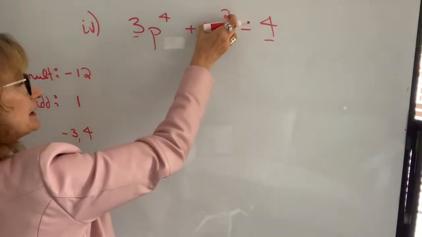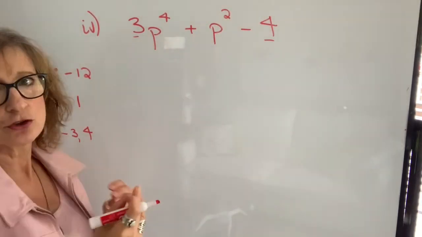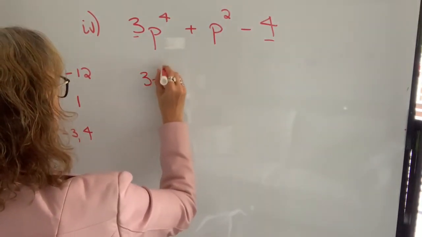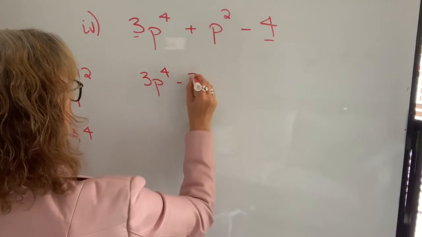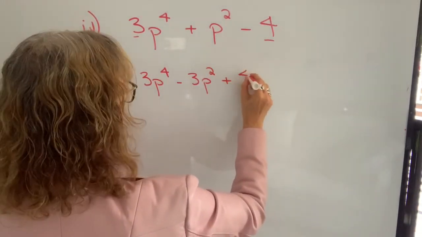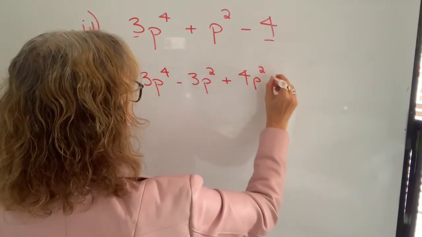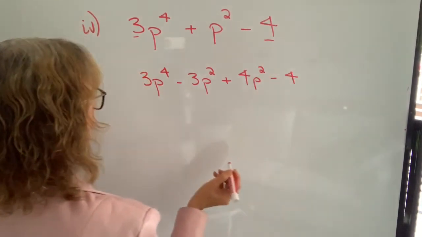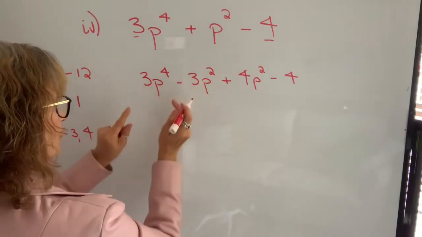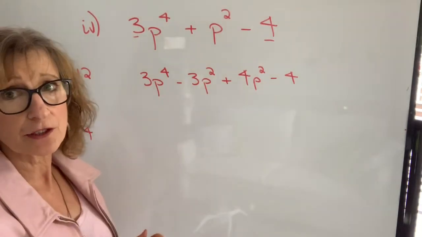So I'm going to split this term into two terms with those coefficients. So I've got 3p to the 4th minus 3p squared plus 4p squared minus 4. So in my first two terms, I do factoring by grouping.